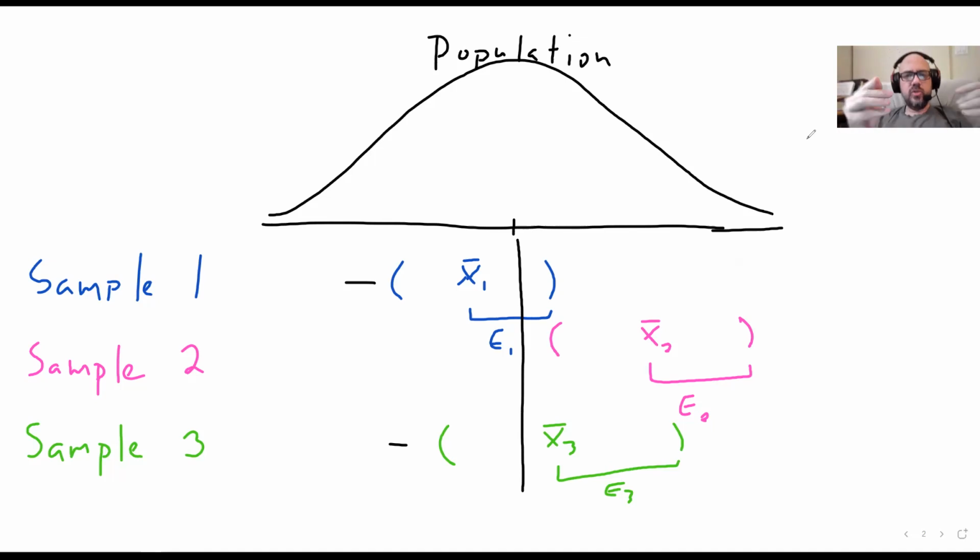It is inside the interval for sample 1 and sample 3, but not for sample 2. It is possible that we can get a weird sample whose confidence interval doesn't actually contain our population mean. So let's see how to tell how confident we can be that the population mean is actually in our interval.